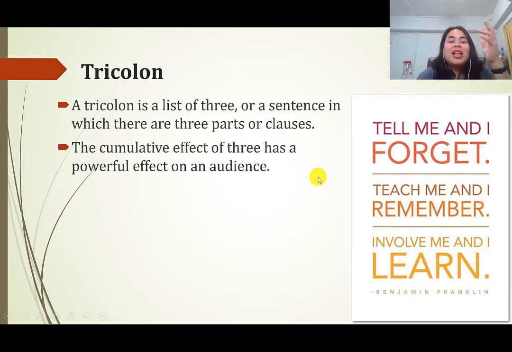Now, the cumulative effect of 3 has a powerful effect on an audience. I can tell you that. So instead of just saying, "Oh, he's a bad guy," the audience are not going to just believe you with the word bad. But if you say he's mean, he's cruel, and his words cut my heart every time.